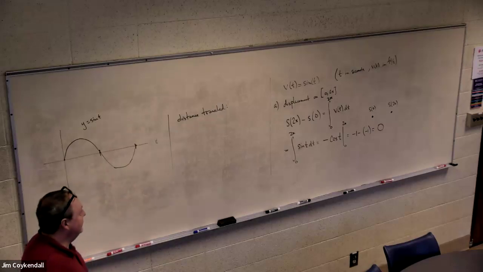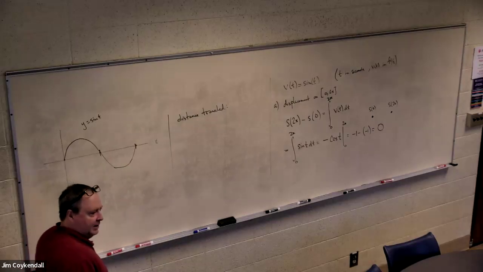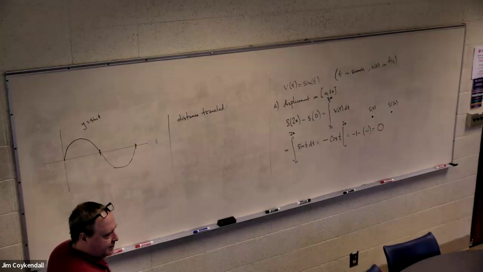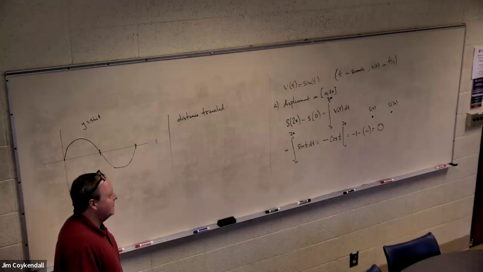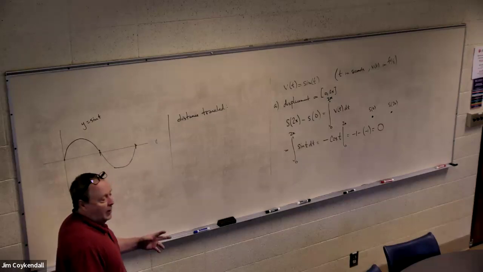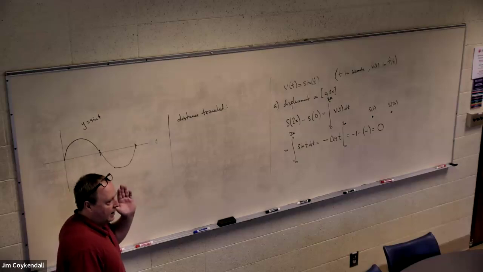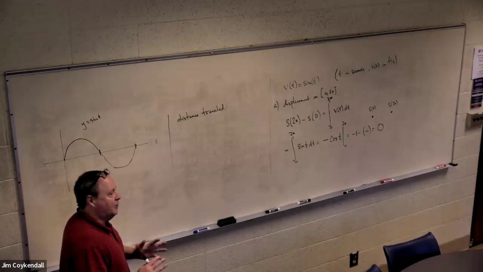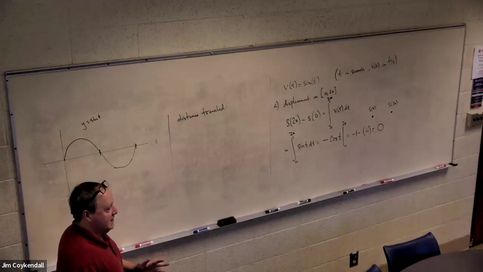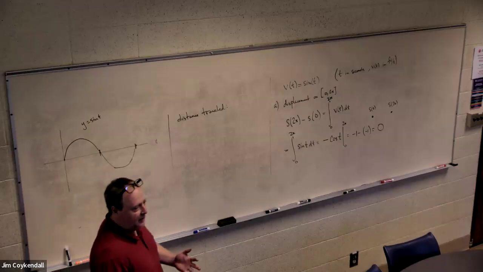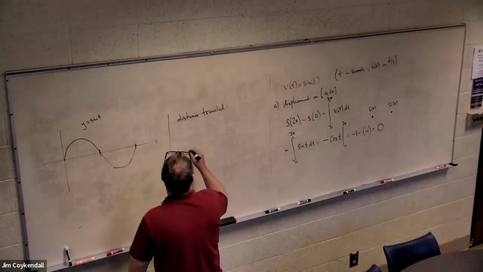For displacement, I just integrated the velocity. How about distance traveled? Yeah, that's right. Your velocity has a direction, positive or negative. The absolute value of that velocity is your speed. You have to strip off the ability to tell what direction you're going.